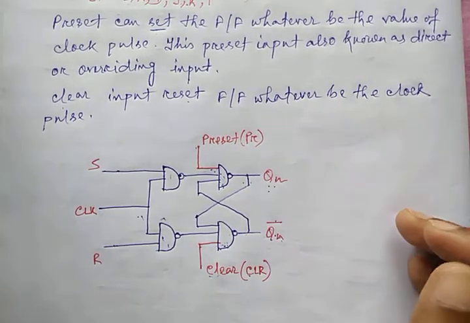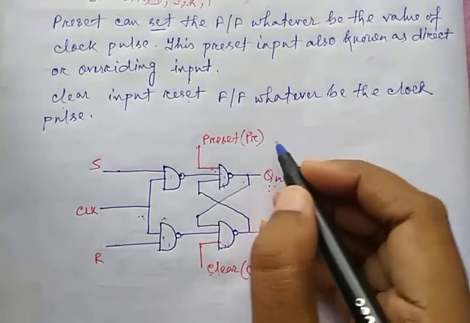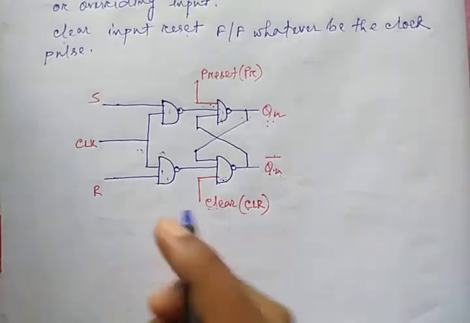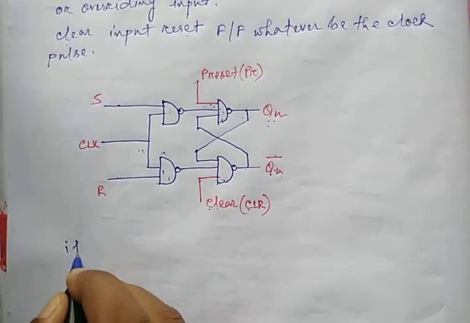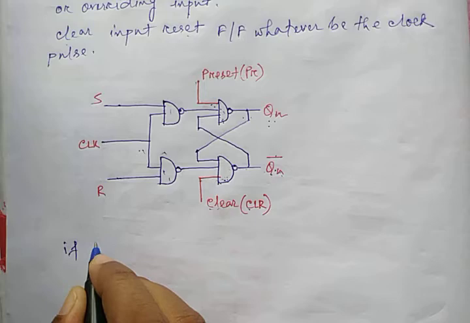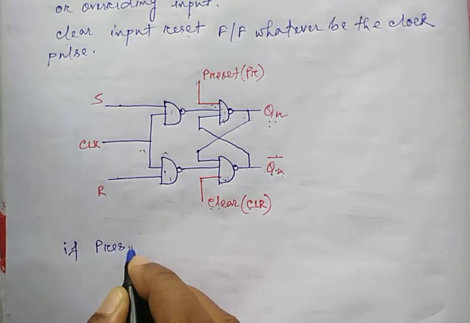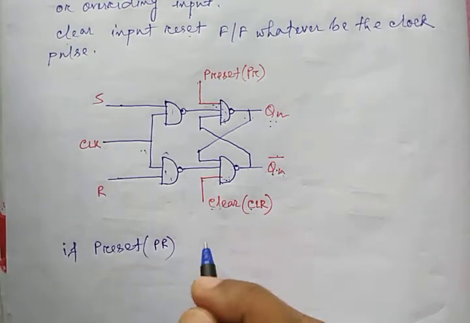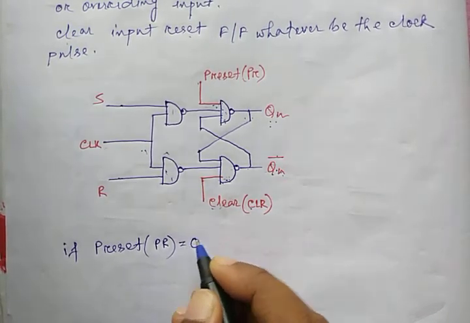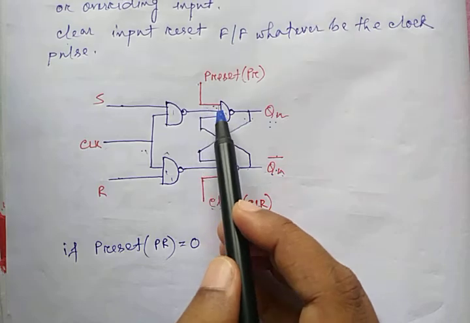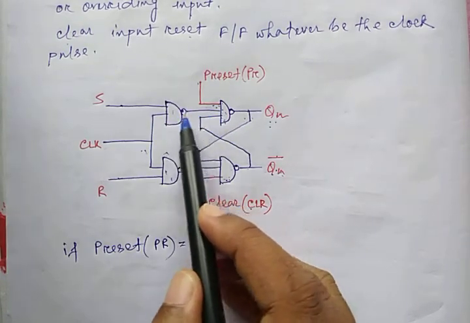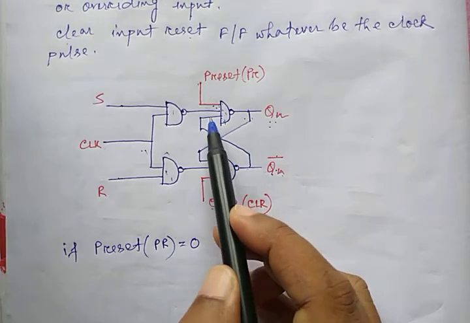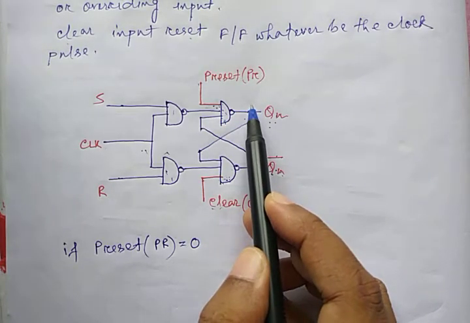Clear? So we can say that if the preset value, that is PR, equals 0, then whatever the value of the other inputs of this NAND gate, the output QN is obviously 1.